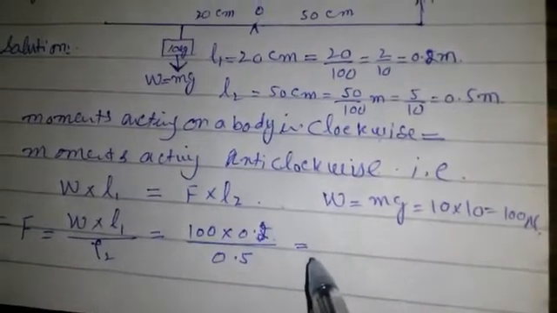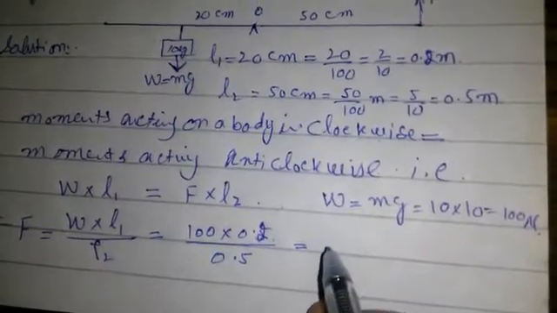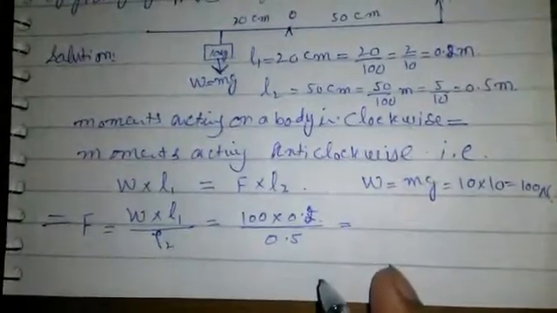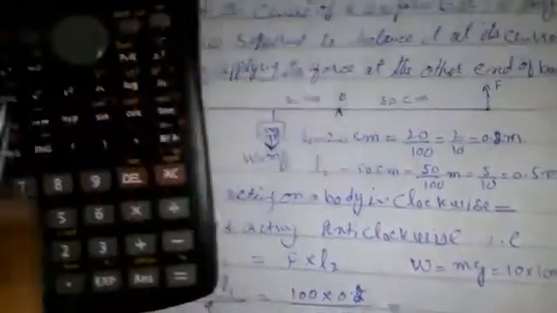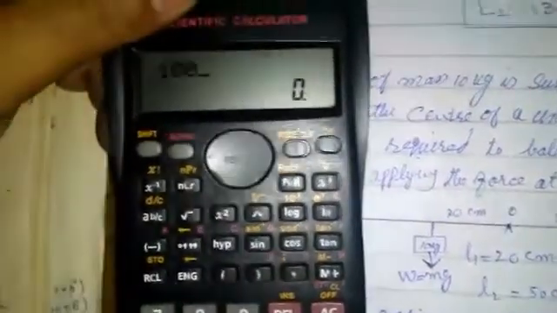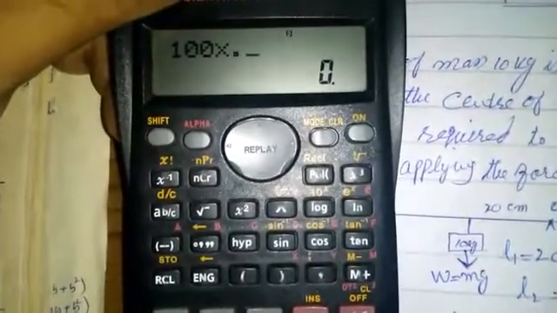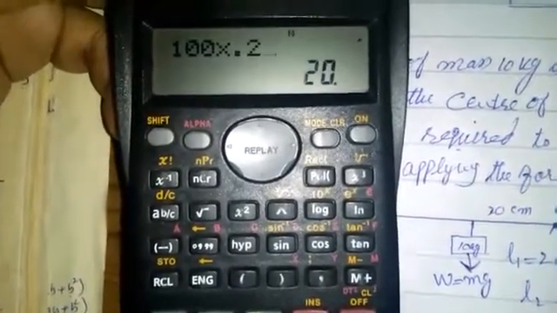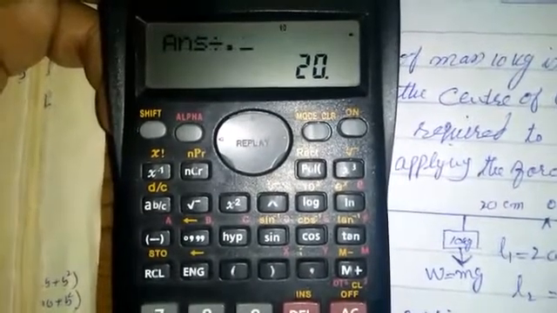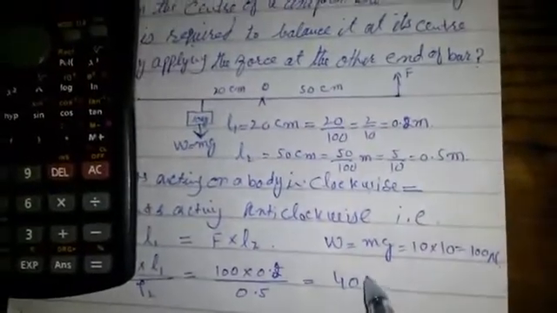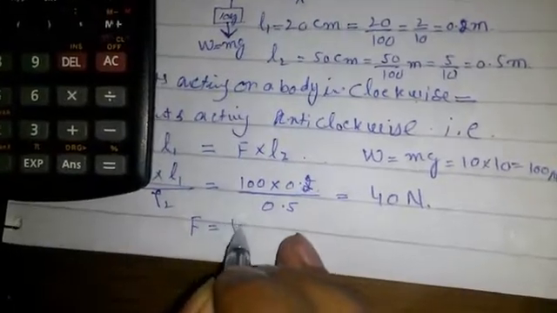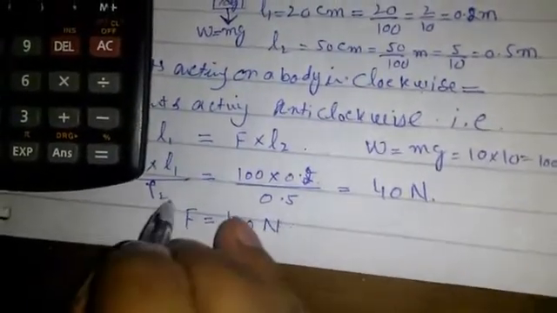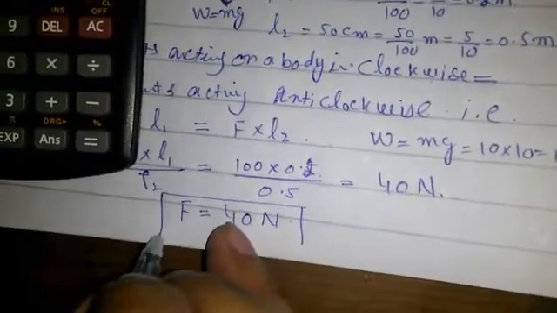This is equal to 100 multiplied by 0.2 divided by 0.5, is equal to 40 Newton. We require the force F equal to 40 Newton to balance the uniform rod at the center of gravity.